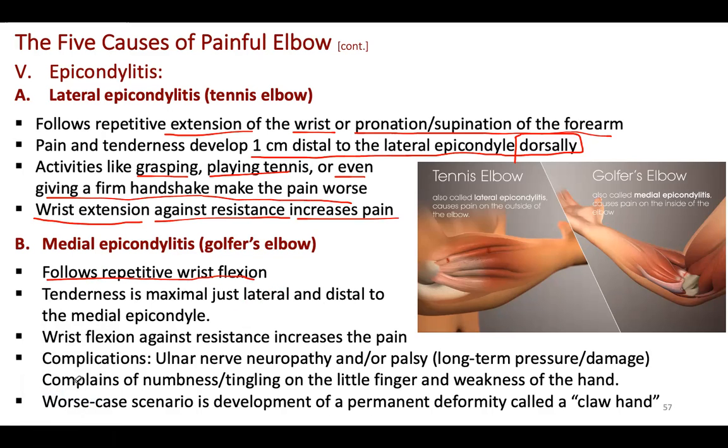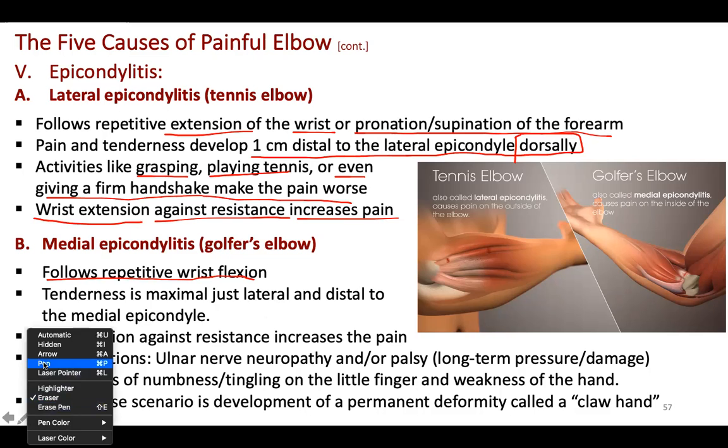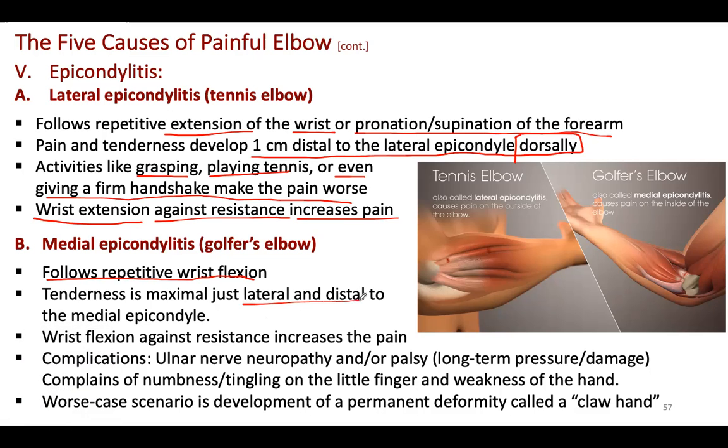If you go more medial, this is air, the air between your arm and your trunk. So tenderness is maximal just lateral and distal to the medial epicondyle. Wrist flexion against resistance increases the pain.